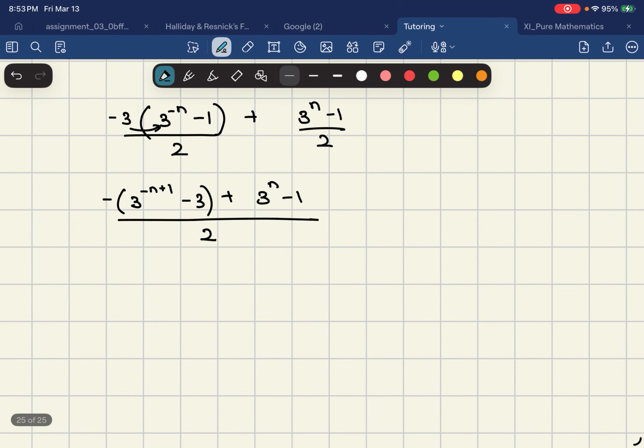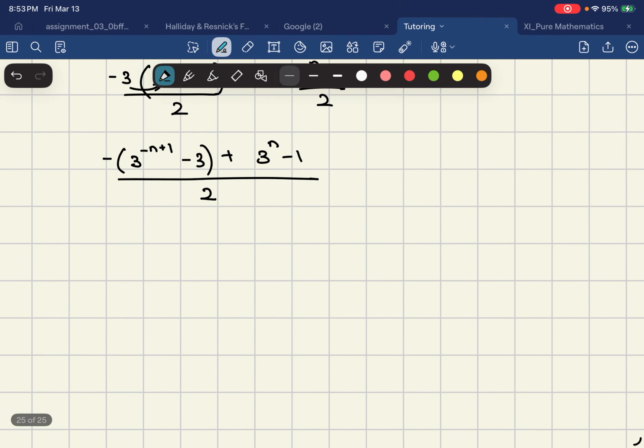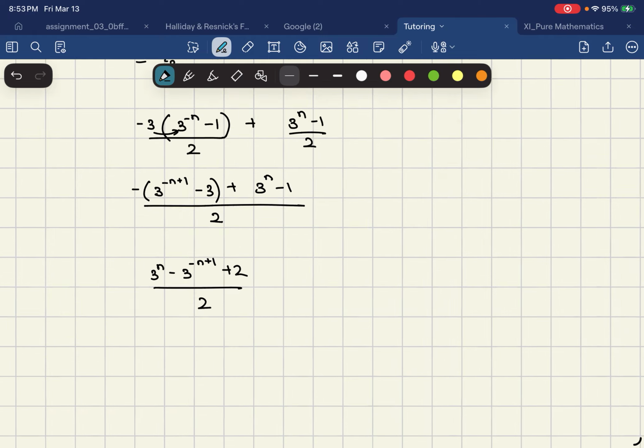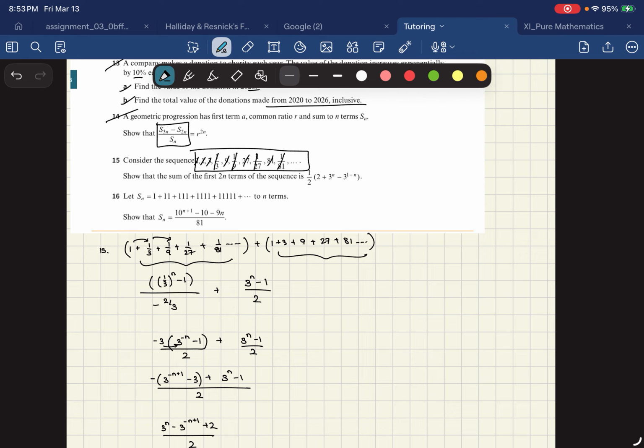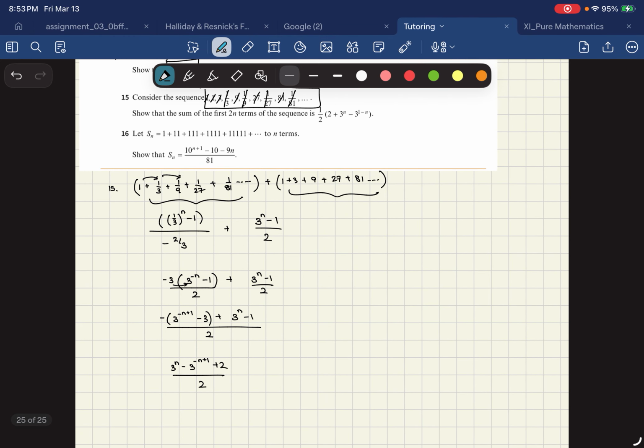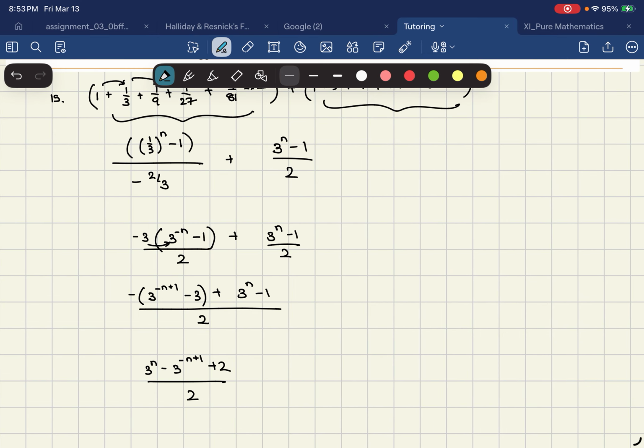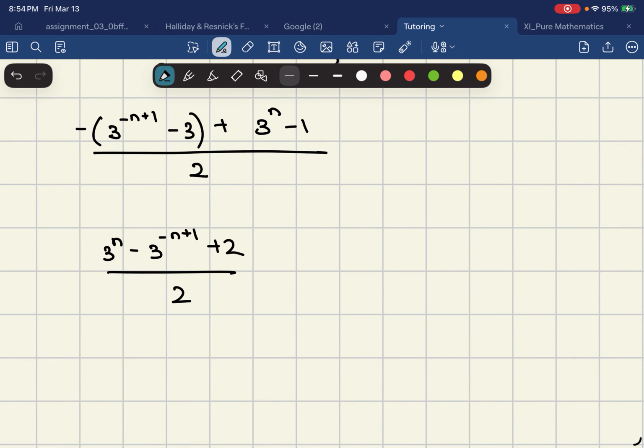Now, let's try to simplify these out. So we have 3 to the power n, minus 3 to the power minus n plus 1, plus 2, all over 2. And I believe that is what the question asks, right? And yeah, that is what we have shown.